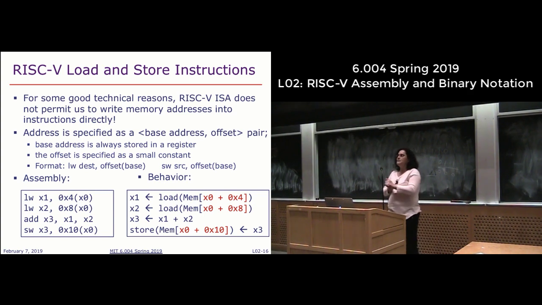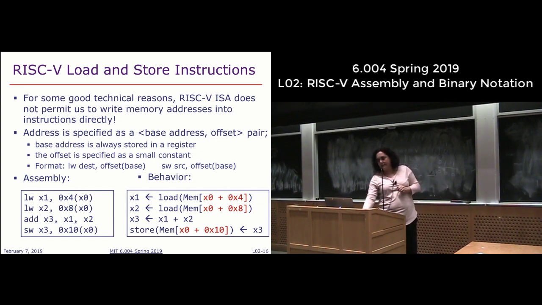So if I go back to my example over here where I was actually fetching from address 0x4 directly, the way to actually write that in RISC-V is that I have to specify a base register. So in this case, since I don't want to actually add anything to the address 4, I'm going to specify x0, which is always equal to 0, as my base register.